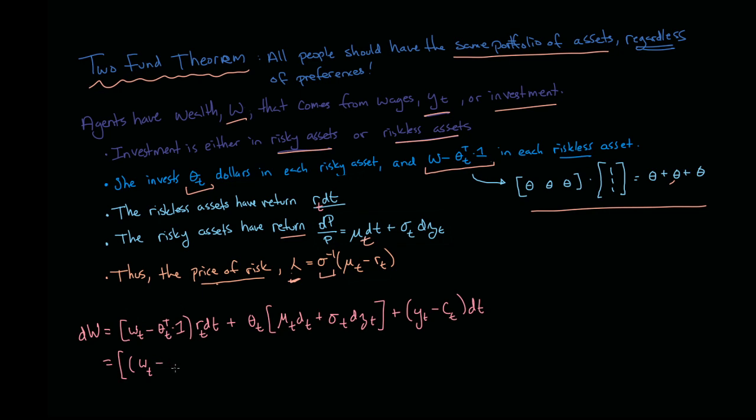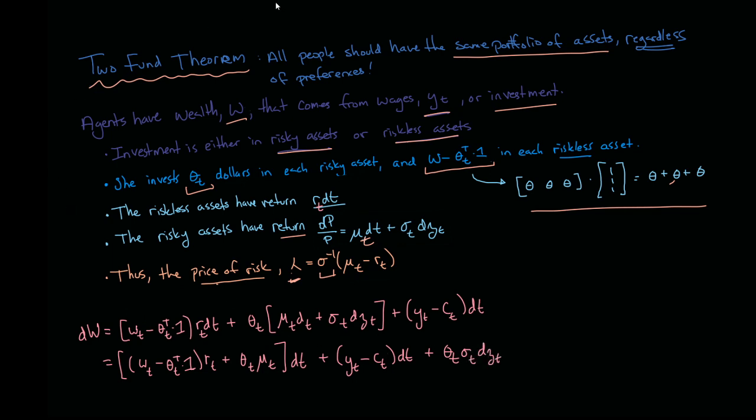The risk-free part: theta_t transpose 1, that's a 1, times r_t, plus theta_t mu_t, and all of this will be times dt, plus y_t minus c_t dt, plus the stochastic part, theta_t sigma_t dZ_t.